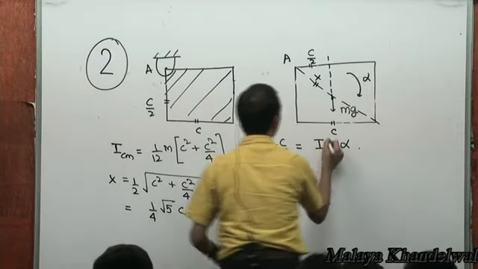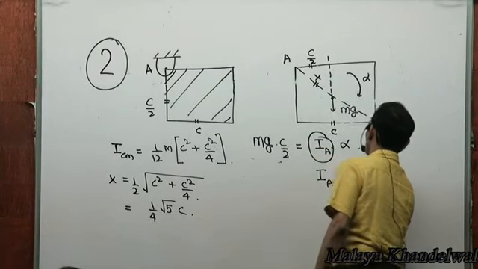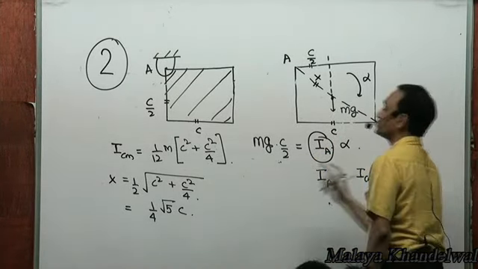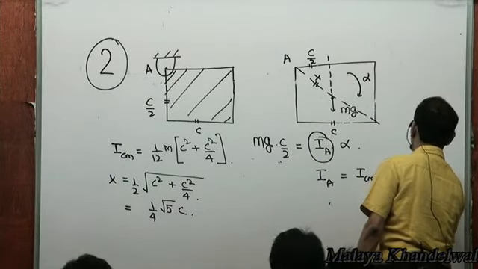And therefore, I about A could be computed. What would be I about A? I about an axis passing through the center of mass plus m into x squared, which is 5c squared by 16.